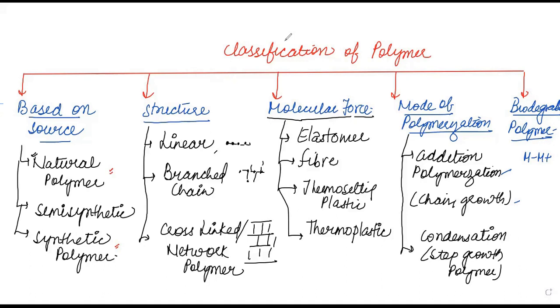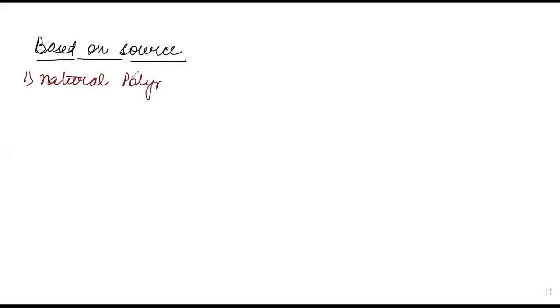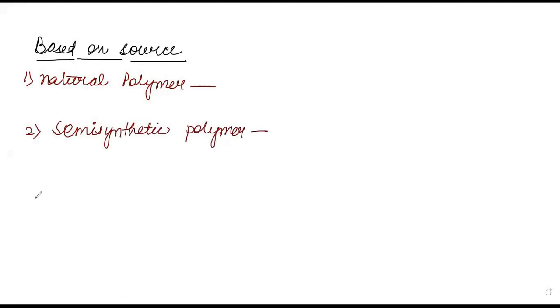Now, based upon source, we have three subtypes, as I already conveyed: natural polymer, synthetic polymer, and semi-synthetic polymer. The main thing you have to revise for your paper, because it is an MCQ paper, is the examples of each monomer and each polymer related to its particular feature.